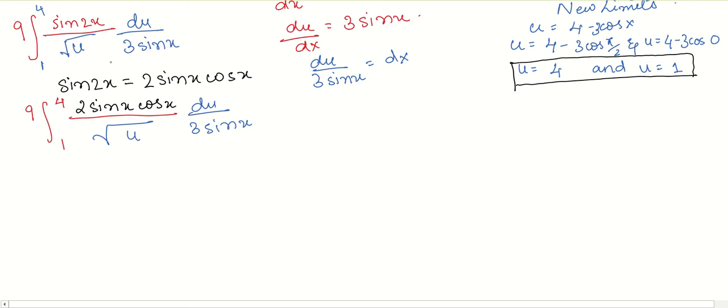So now we have sin x in the numerator and sin x in the denominator, so we can get rid of those two.